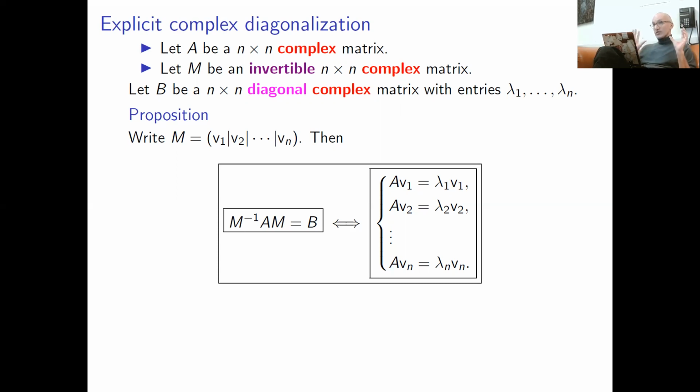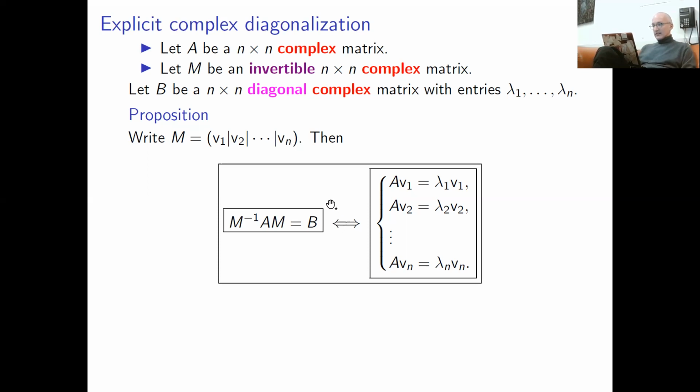And then you have to be sure that in total you get n linearly independent vectors, because if your eigenvectors v1, v2, vn are linearly dependent, you can cook up the matrix M in this way, but its inverse is not going to exist. So the inverse exists if and only if these vectors are linearly independent.